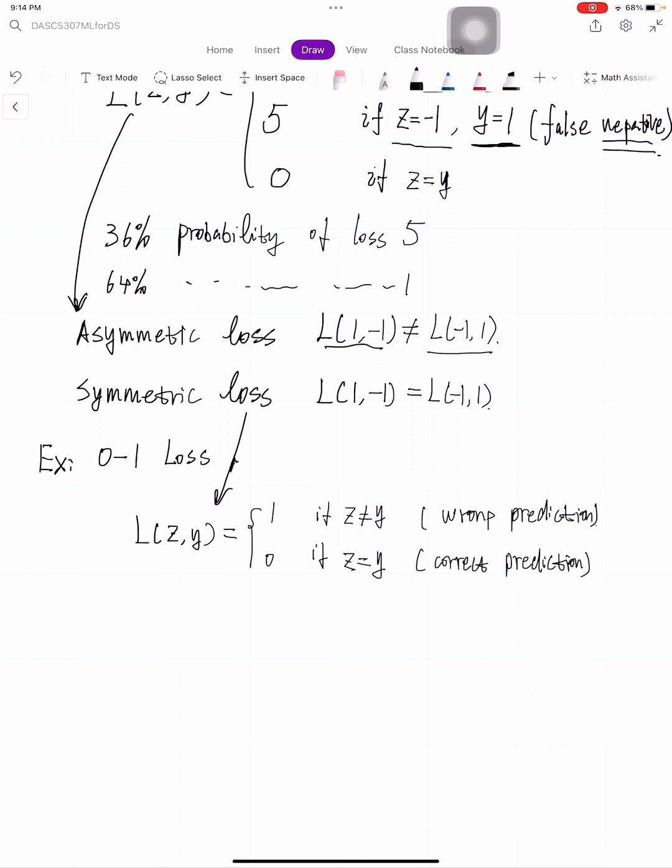Maybe I can give you another example where false positive could be more serious than the false negative. For example, the spam email classifier. We want to use our classifier to classify if an email is a spam email or not.